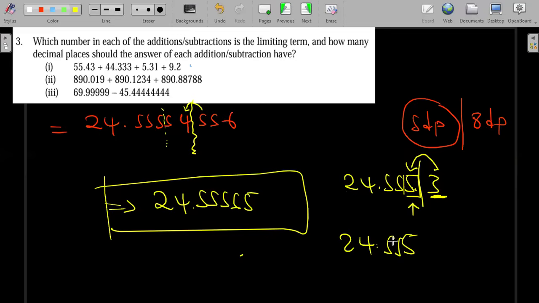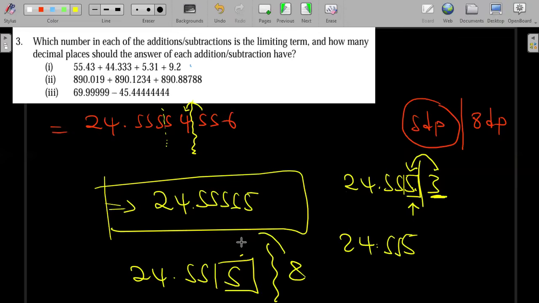And then if it's an even number, for example, it was 24.555. So this is the 5 that I want to add a 1 to or add nothing to, right? And then there I had maybe 8. I want to round it off to this 5, but because this is 5, there's that special rule that you talked about. This number here is even, so we are not going to add anything to this 5.